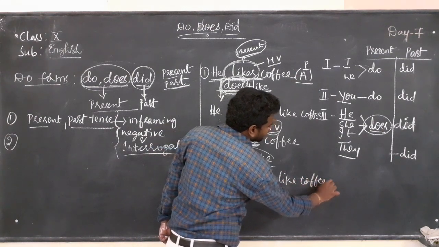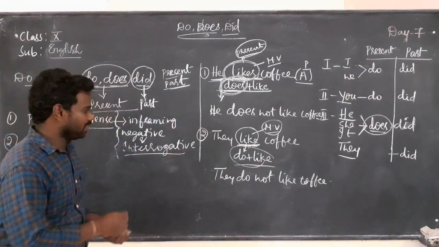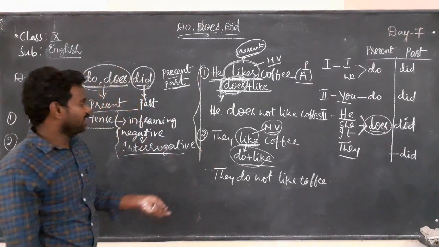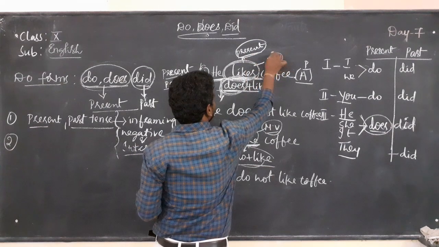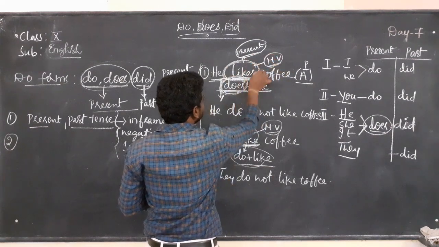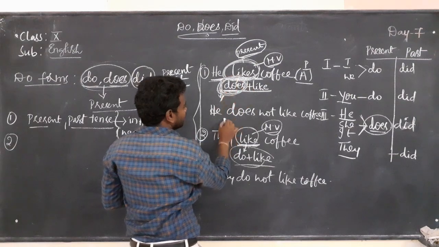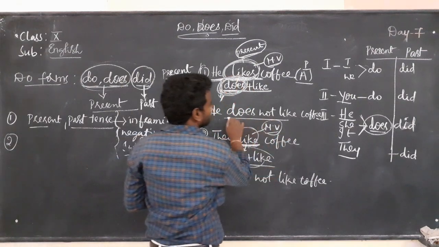So now we have seen, right? If I write these two sentences, I write likes here, it's a present form, main verb. What is the helping verb? It is implied here: does, right? So when I change this into negative, it does not like coffee.